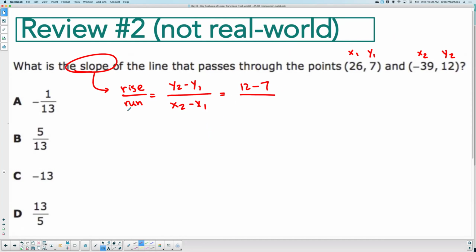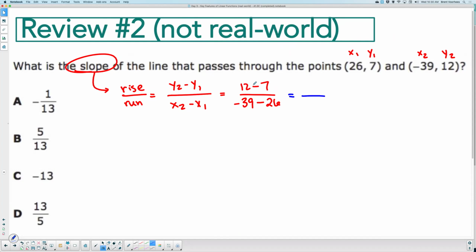Perfect. Okay, x2. Minus, now x1. 26. This will reduce.